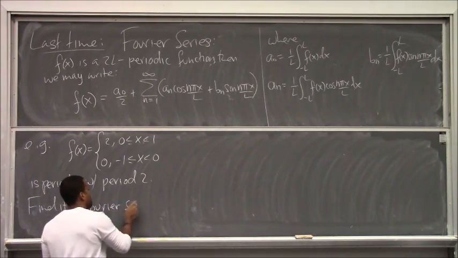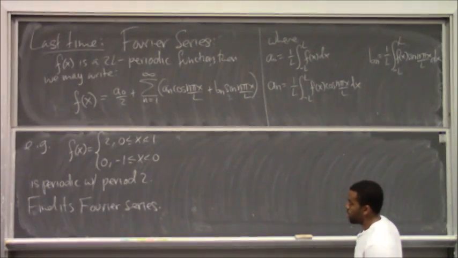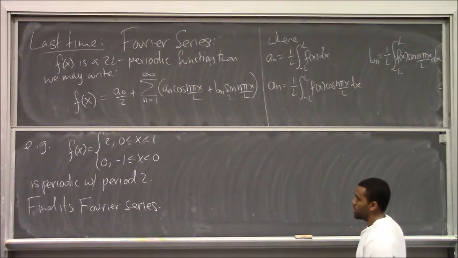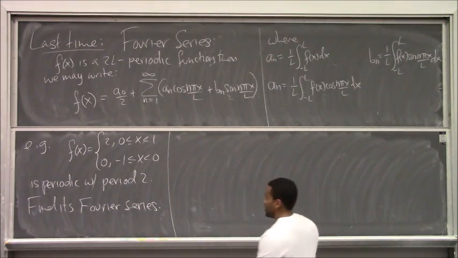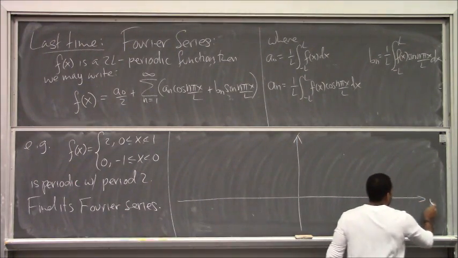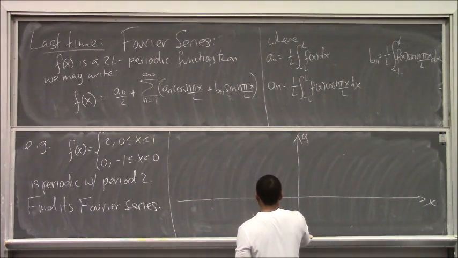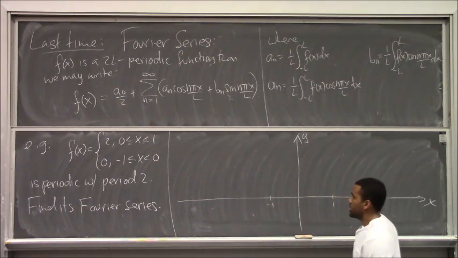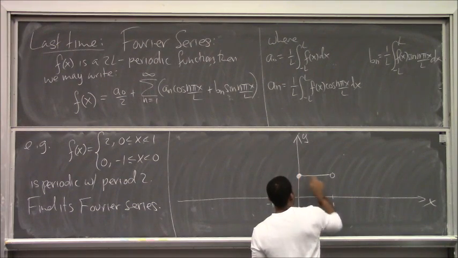So here we were given a function. We're told just one part of it, the principal period, and we actually want to expand it as a Fourier series. I want you to note, you don't have to draw the picture, but I'm just going to draw it so you can actually see what we're thinking about here. So, we are talking about the interval from, say, -1 to 1. And it says on 0 to 1, we have just a constant function 2, where it can be equal here, but there's an open circle there.